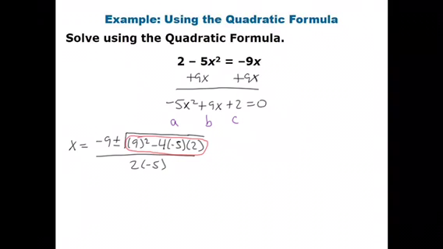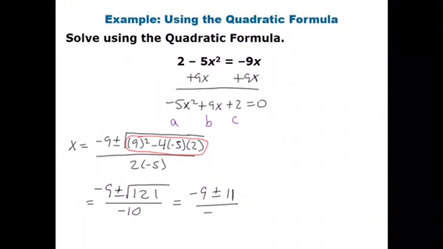So 81 plus 40 should give me negative 9 plus or minus the square root of 121 over negative 10. Well, I know that the square root of 121 is 11, so I've got negative 9 plus or minus 11 over negative 10.